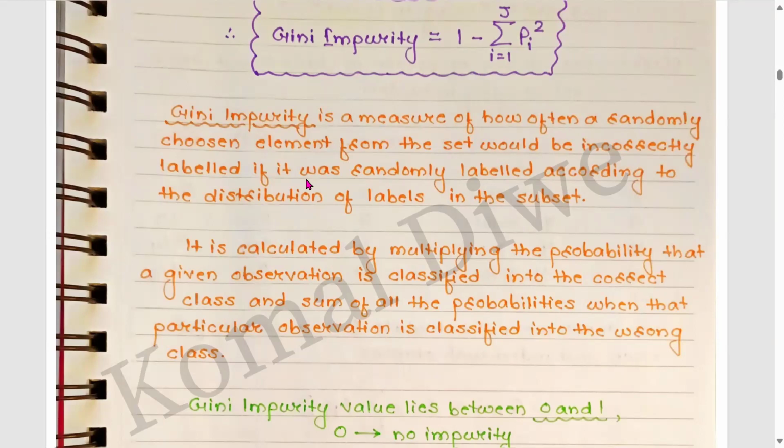They are talking about the frequency: how often a randomly chosen element from the given set would be incorrectly labeled, if it was randomly labeled according to the distribution of the labels in the subset.